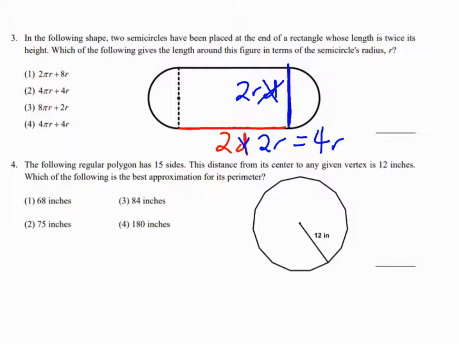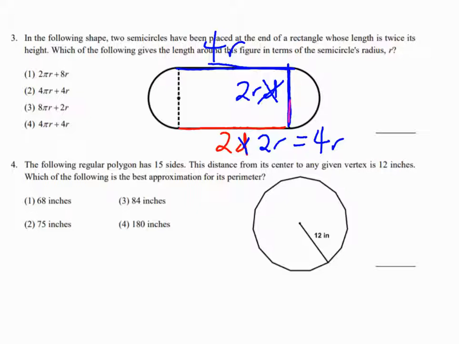Now, we want the distance around the figure. This red line is 4r. There's another one on top, that's another 4r. So we have 8r in total. Next, let's talk about the circle.